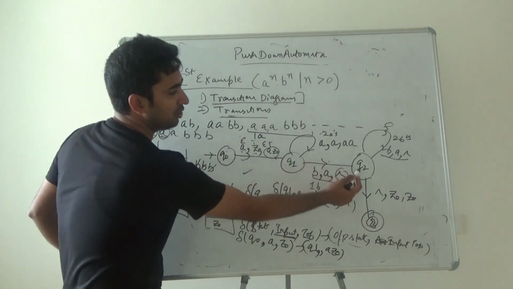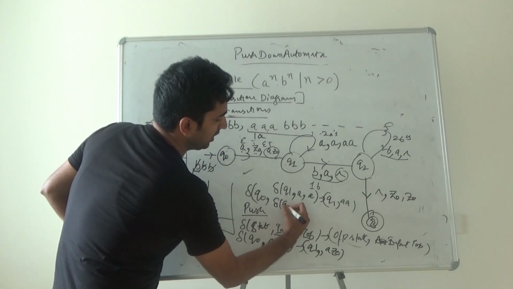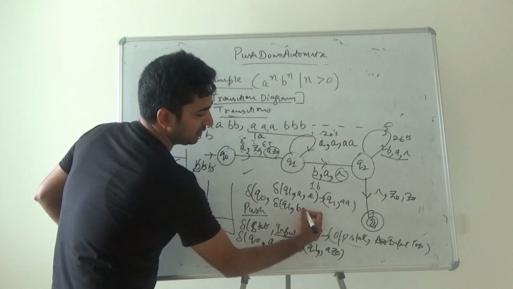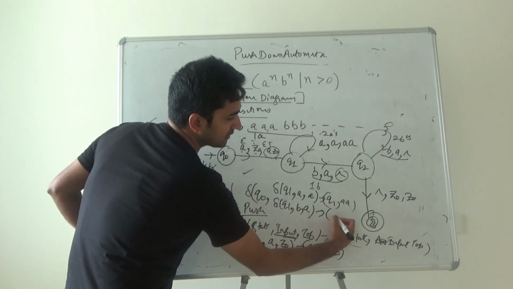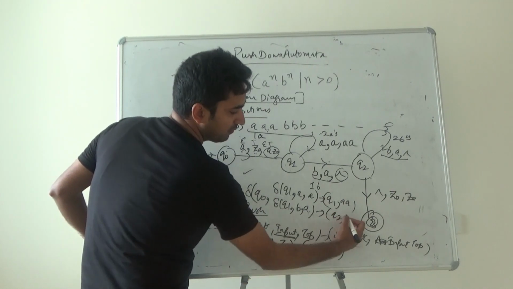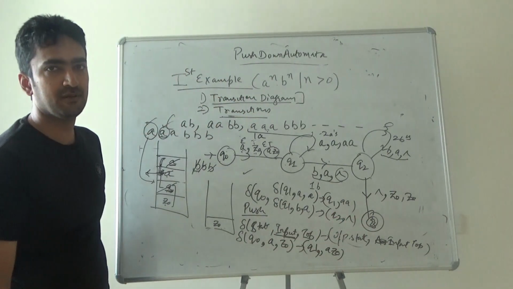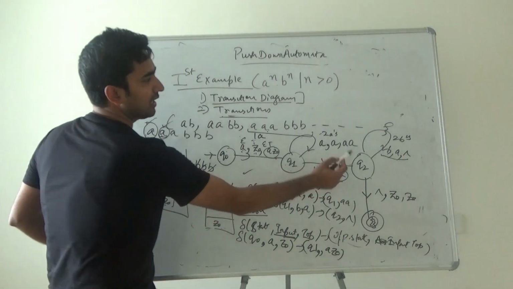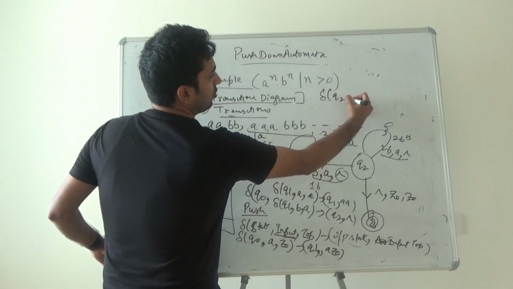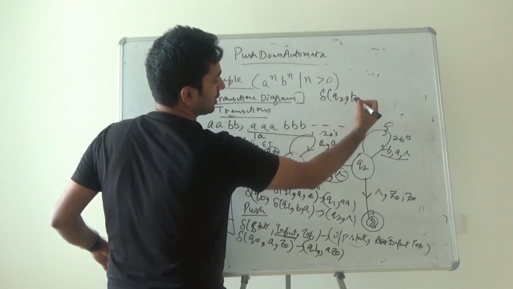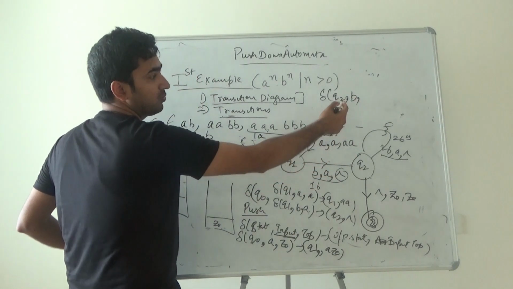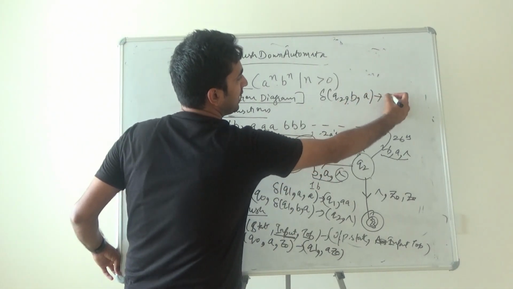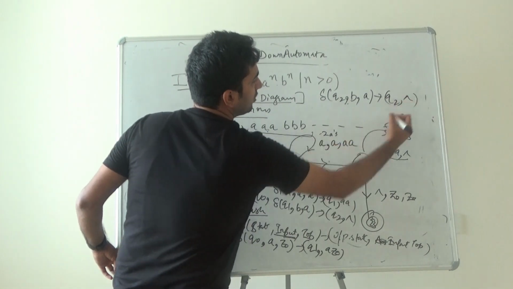Similarly, from Q1 to Q2 with B, when B element is given, top of the stack was A, you go to Q2, but the answer was null. Similarly, Q2, element was B, top of the stack was A, the answer was Q2 null.